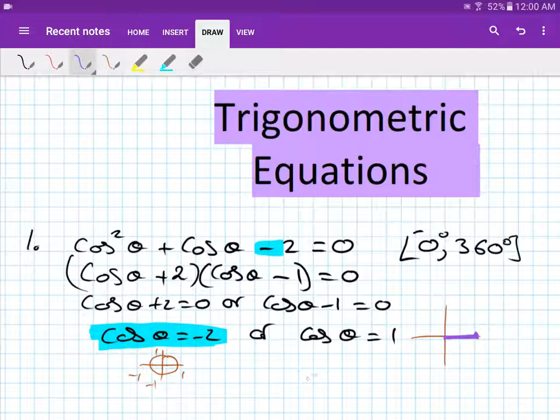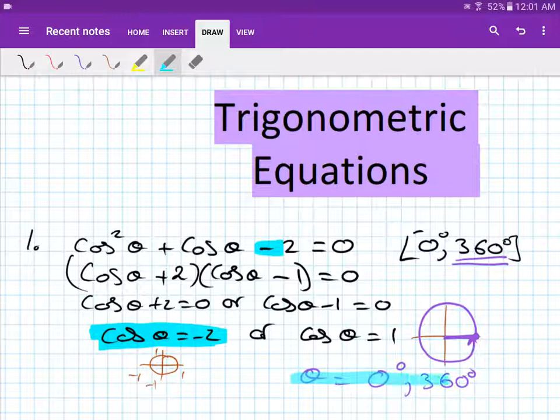So your first answer is on the top here, theta equals 0 degrees, and it goes round and hits back here at 360 degrees. If it goes round again, you stop because the domain is only up to 360. So your answer is theta equals 0 and 360 degrees.